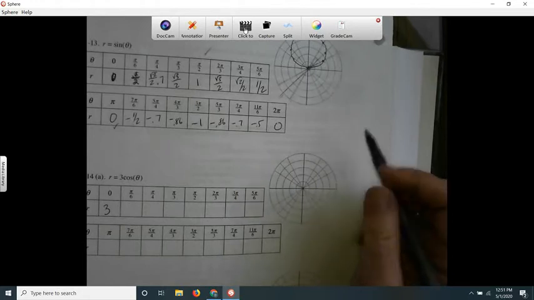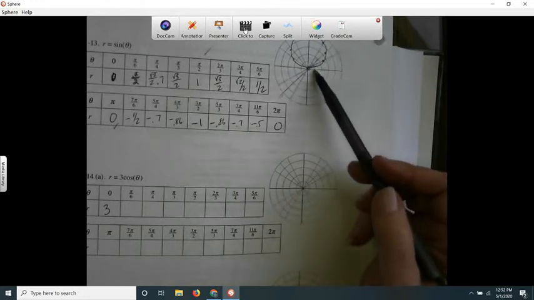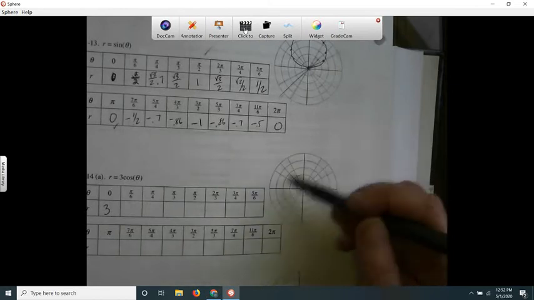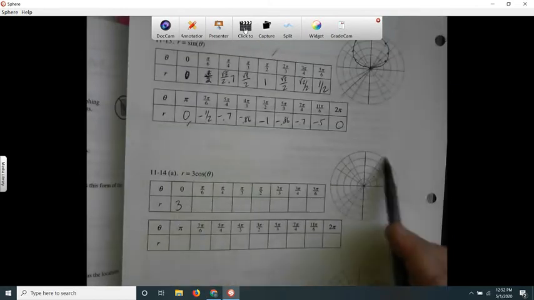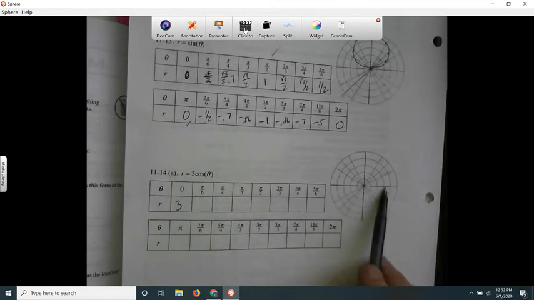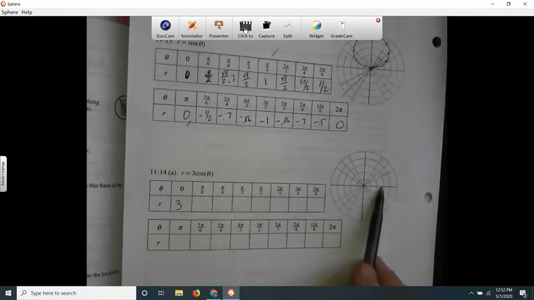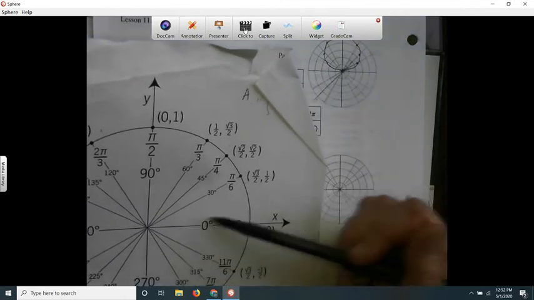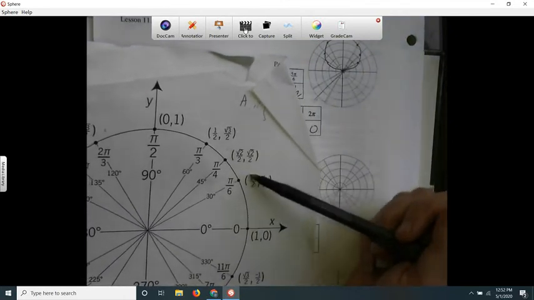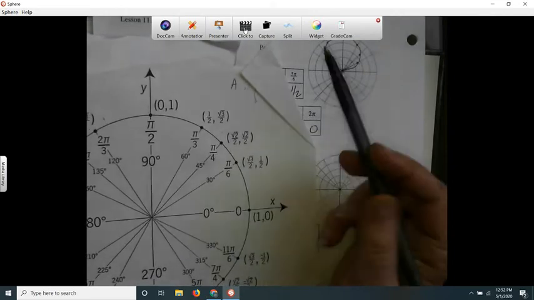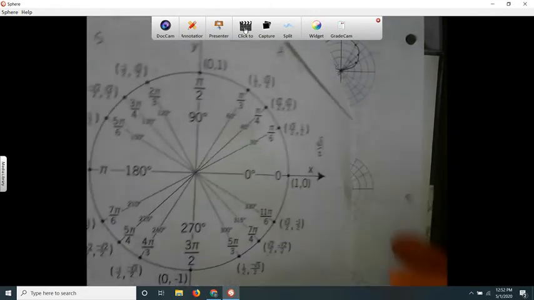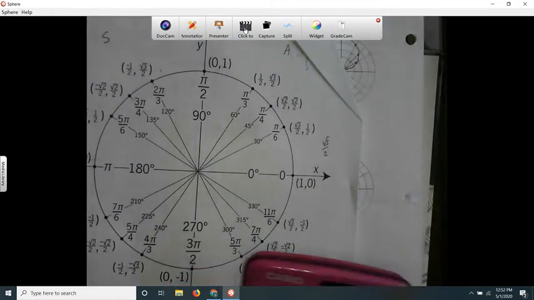So let's now, I was calling these 0.2, 0.4, 0.6, 0.8. I'm thinking, well, let's get some ordered pairs before I decide. I might just want to count by ones here, and I'd have 1, 2, 3, not sure. What about pi over 6? What's cosine of pi over 6? Cosine of pi over 6 is root 3 over 2, which is about 0.8, but then I have to multiply it by 3, right?